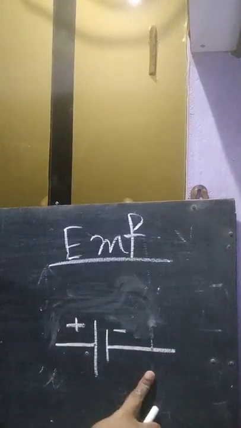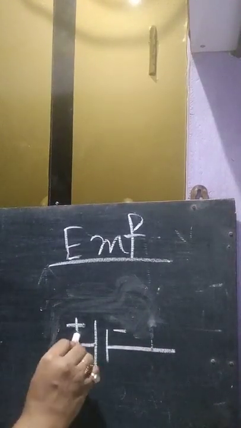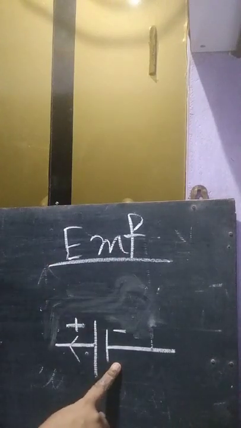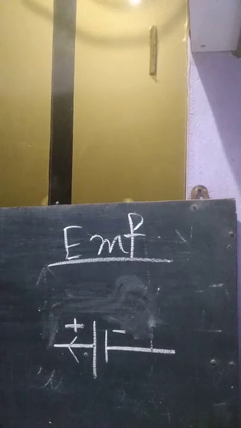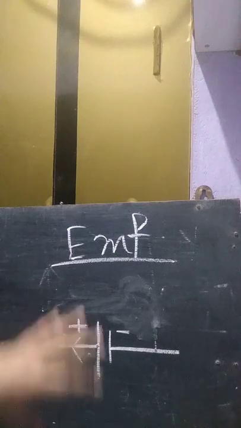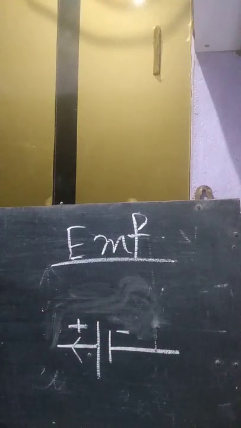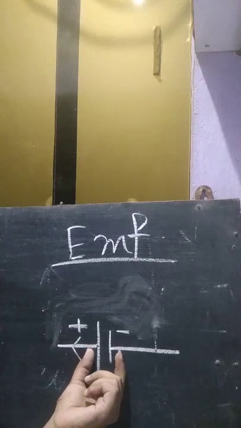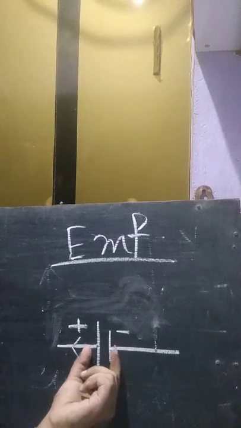This is an open circuit, because if current starts to flow from here, it cannot go and end at the negative part. So what is the potential difference between these two electrodes or this battery?